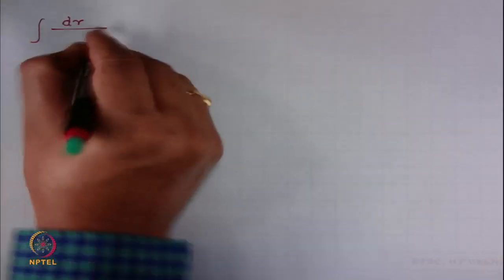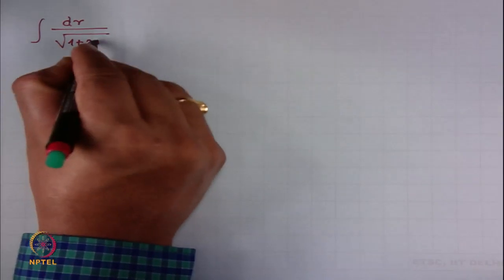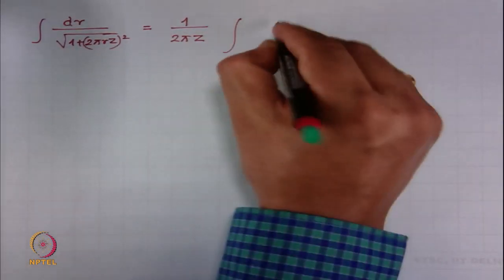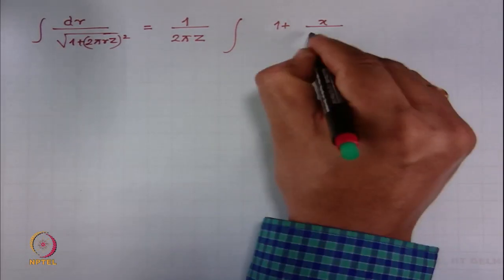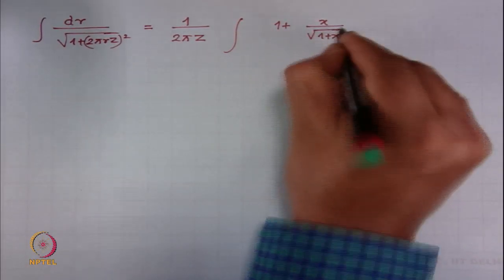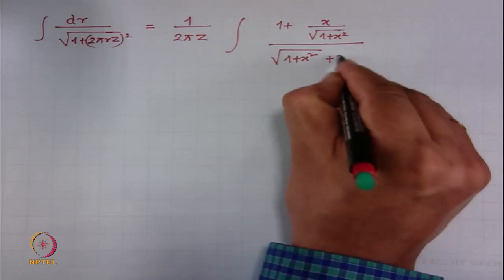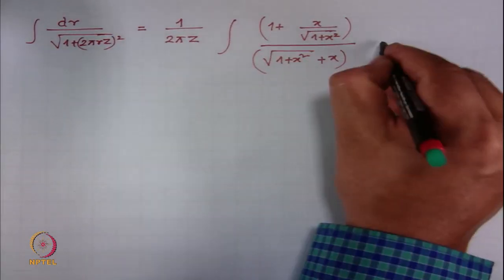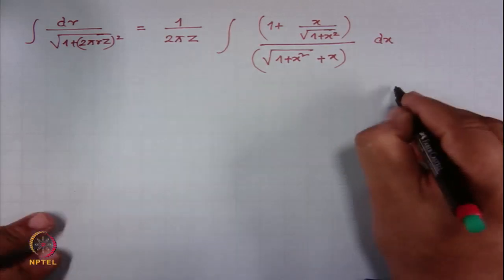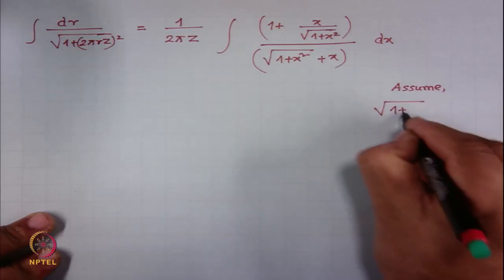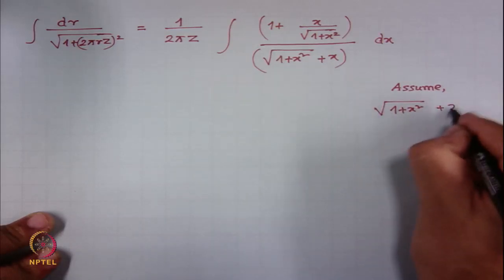So, we rewrite the last step for our convenience. This is equal to 1 by 2 pi z integration 1 plus x divided by root over 1 plus x squared, divided by root over 1 plus x squared plus x into dx. Assume root over 1 plus x squared plus x is equal to y.